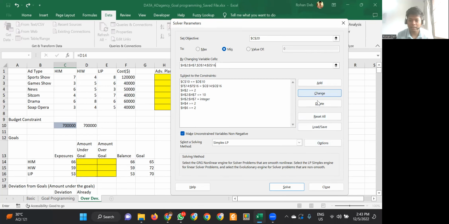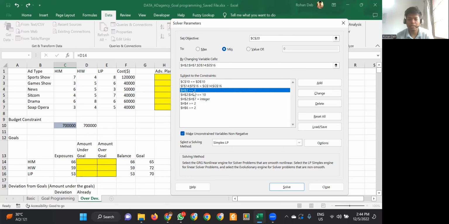What are my constraints? Instead of resetting all, I'll just go through the constraints that we did in the last question. This is basically the budget. C10 is less than or equal to D10, which is the budget. F14 to 16 is equal to G14 to 16, that is, balance is equal to goal.